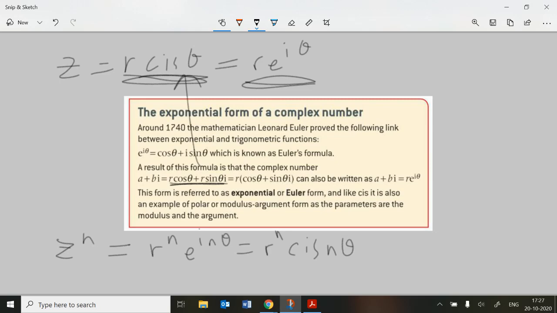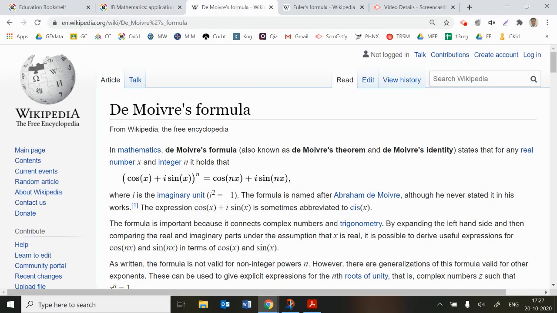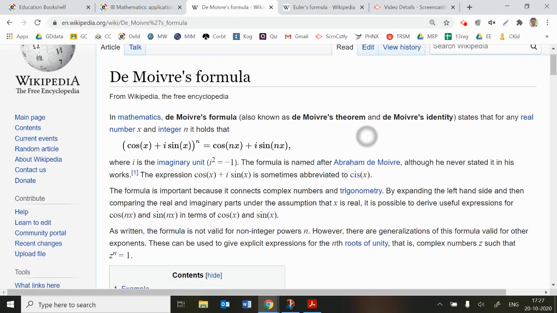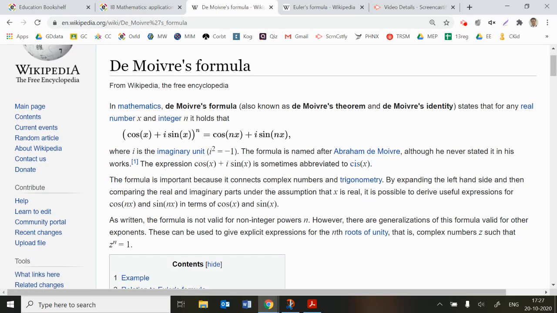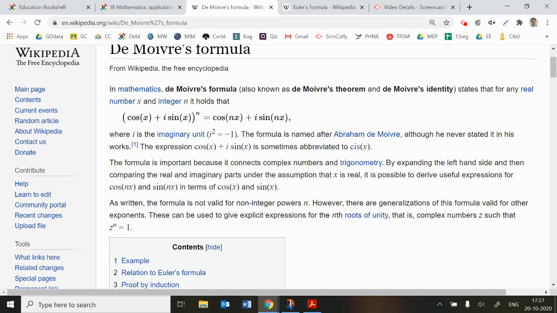Okay, and that's a really nice result. In fact, that's called de Moivre's formula. Essentially, here we're saying cis theta, or cis x, to the power of n, that's what we're coming up with here at the top. So cis x to the power of n is equal to cis nx.